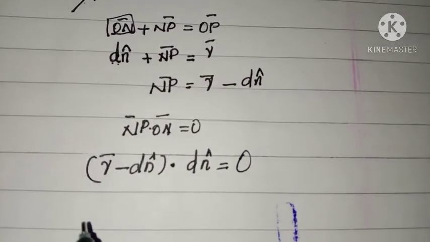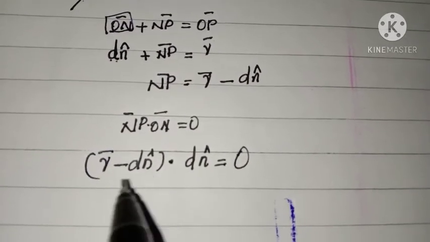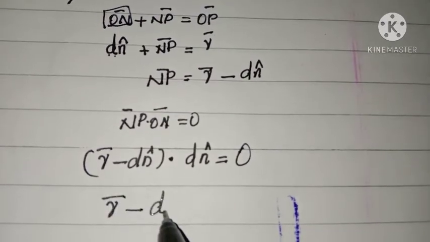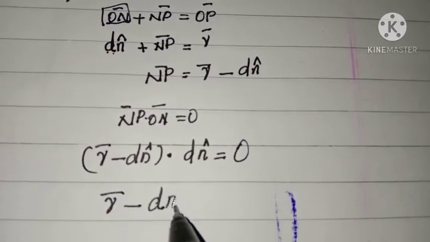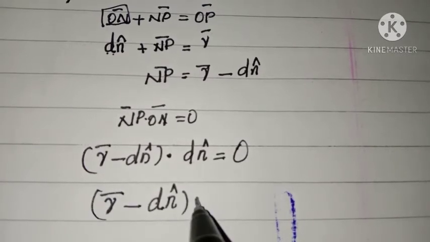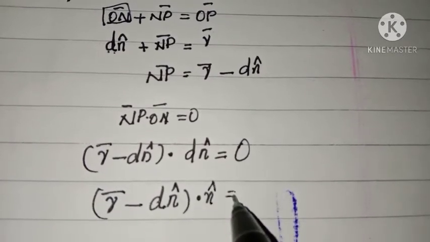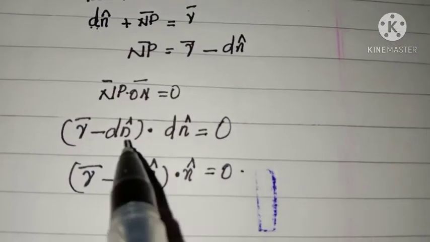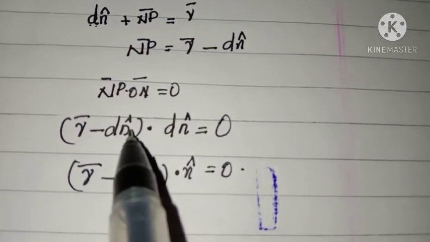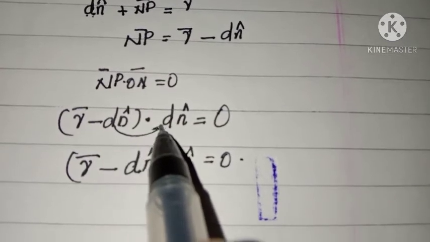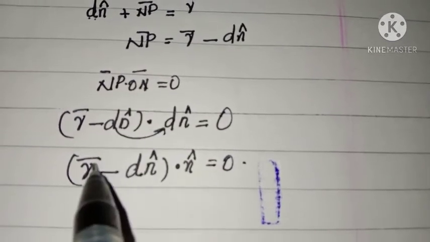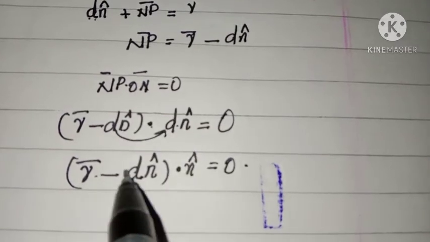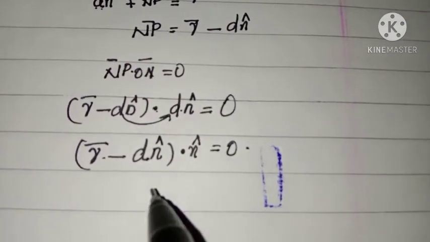Now this can be written as (r minus d n cap) dot n cap is equal to 0, because we are taking a dot product, so there is no change in the magnitude.